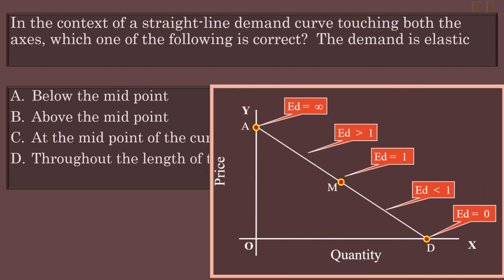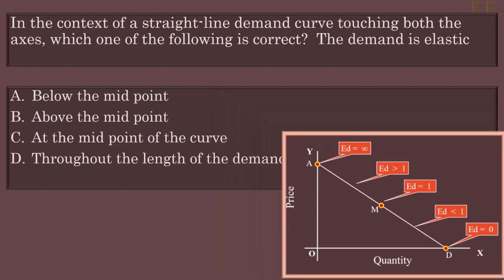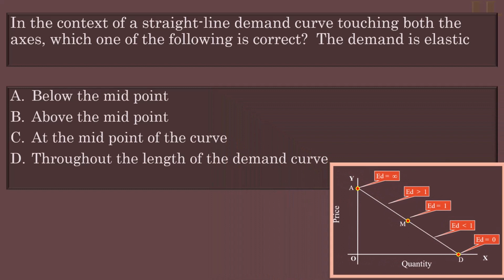In which part of the demand curve the demand is elastic? Of course, in the segment AM, the demand is elastic. So your answer should be, at the midpoint of the curve, the elasticity is unitary. Below the midpoint, elasticity is less than 1.